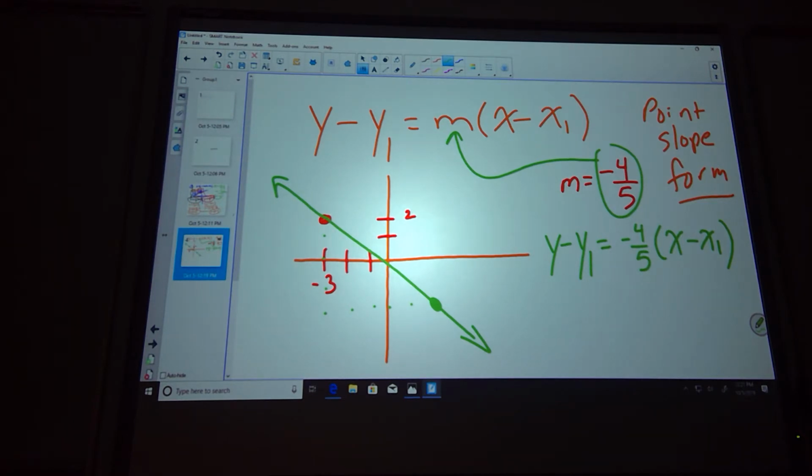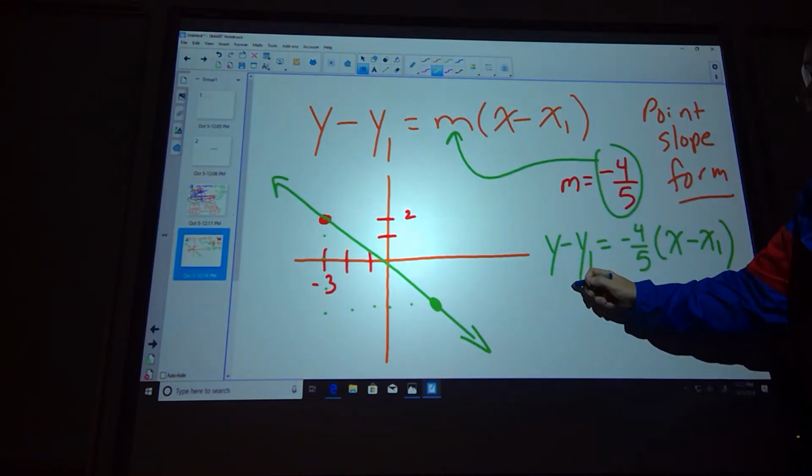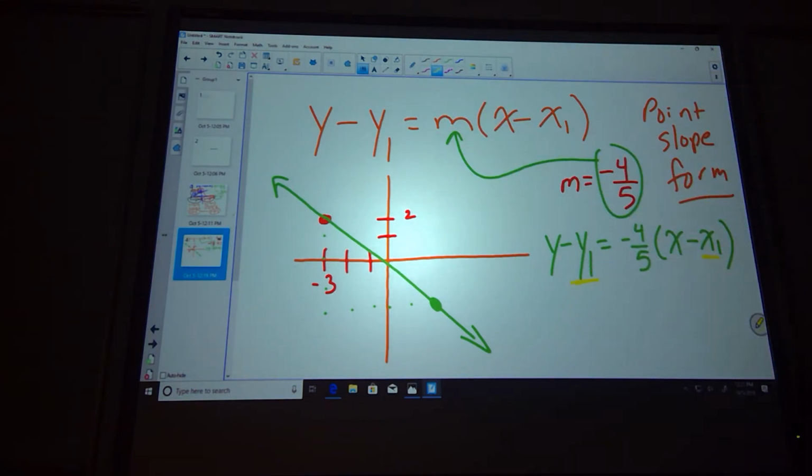So now, why do I put the opposite sign in here and here? This is a really tough thing to think about. Now I'm just going to give you the precursor. You're going to see this type of situation take place in math from here on out.